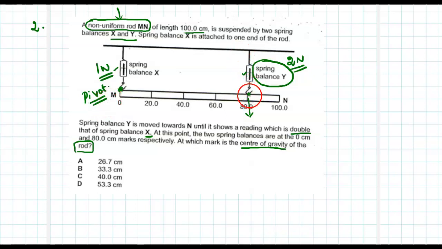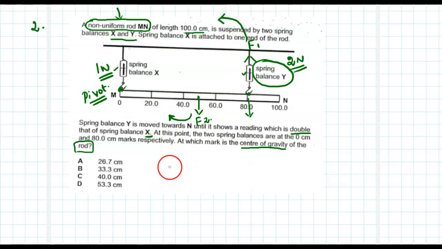One is the upward pulling force by the spring balance. That one I can take as F1. Another force is the weight at the center of mass of the rod, somewhere here. We don't know that exactly. So this force we can take as F2. The F2 force makes an anti-clockwise moment and the F1 force makes a clockwise moment.